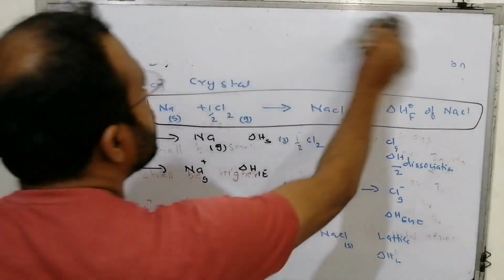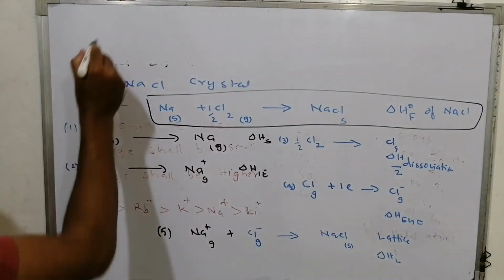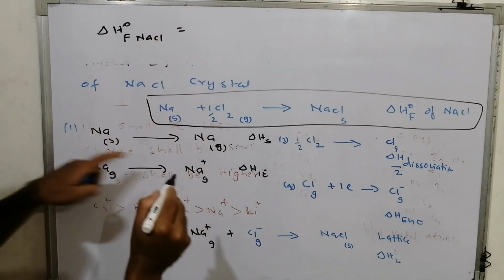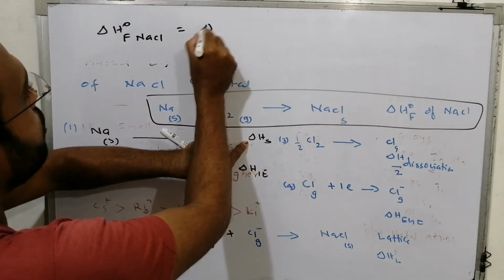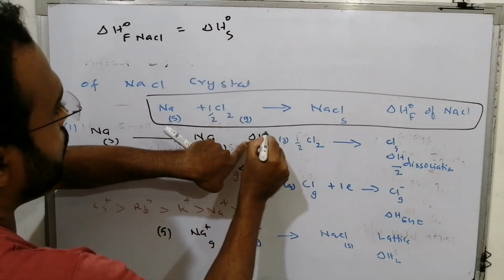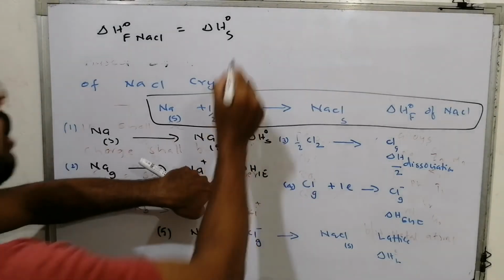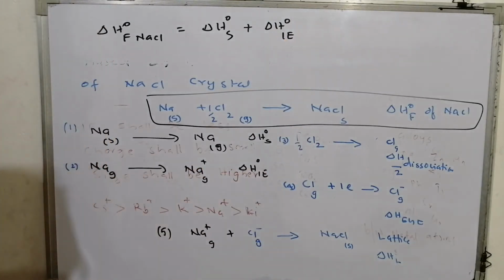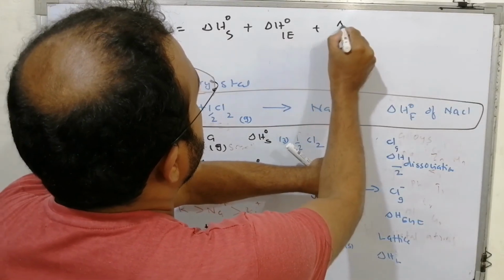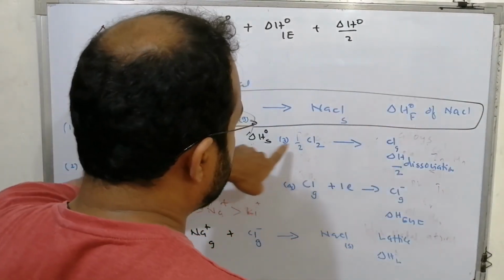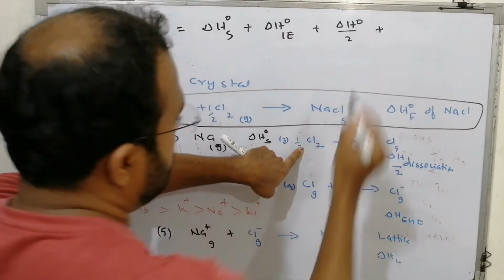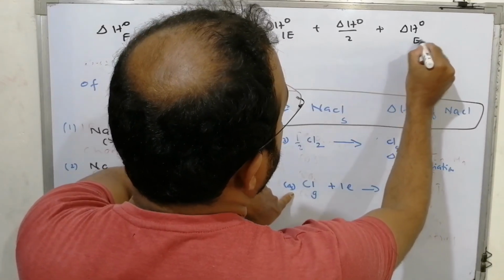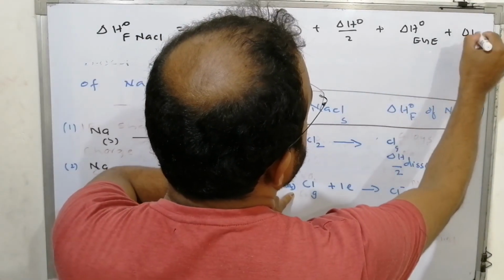But later you did all this stepwise. Therefore, the enthalpy of formation of sodium chloride must be equal to the enthalpy of sublimation, plus the ionization energy of sodium, plus half of the enthalpy of dissociation of chlorine gas, plus the electron gain enthalpy of chlorine, plus lattice energy.